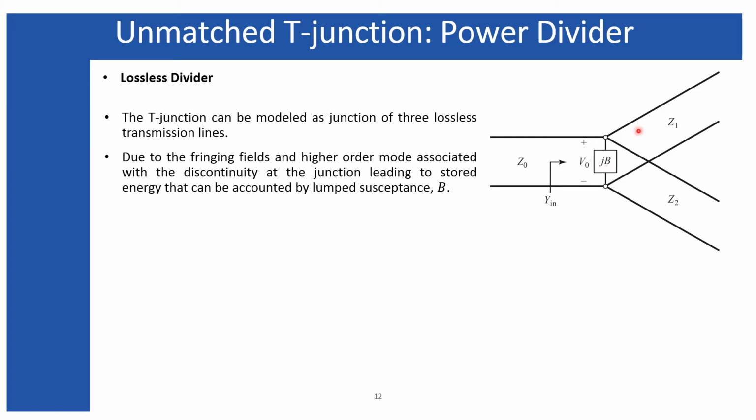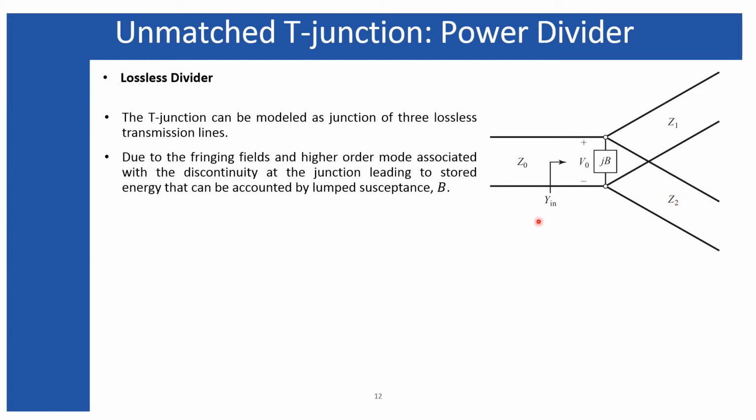Now, as I told, these two ports I am going to consider as unmatched, but one port will be matched. Z0 is the characteristic impedance of this guide, Z1 is the characteristic impedance of this guide, and Z2 is the characteristic impedance of this guide.